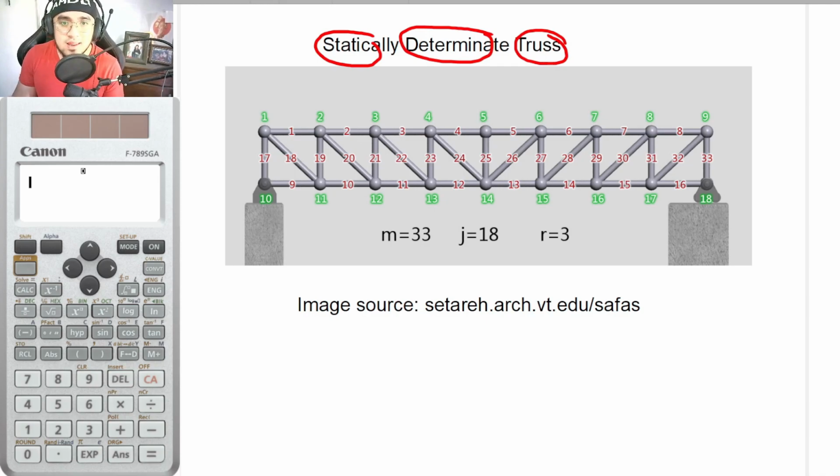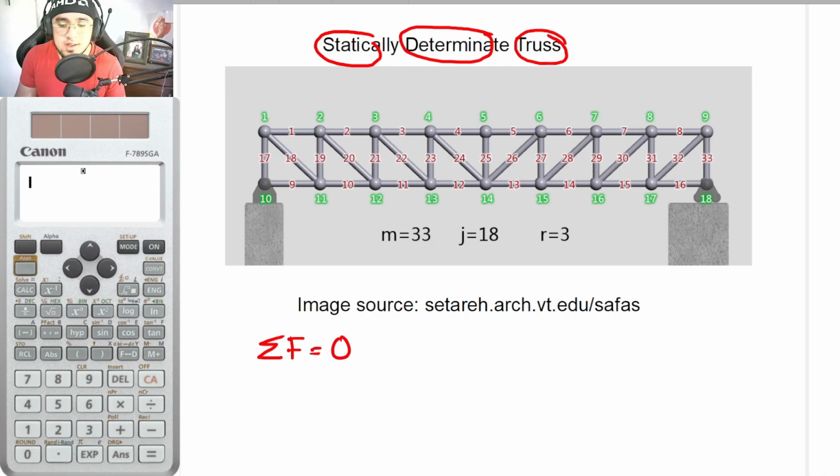When we say static, it means that it is not moving. In physics or in engineering, how can we say that a certain entity is not moving? We can say that an entity will not move if the summation of all of the forces is equal to 0.